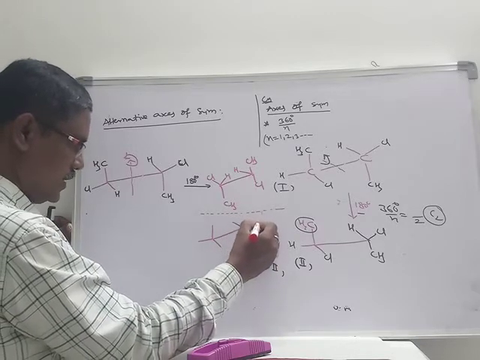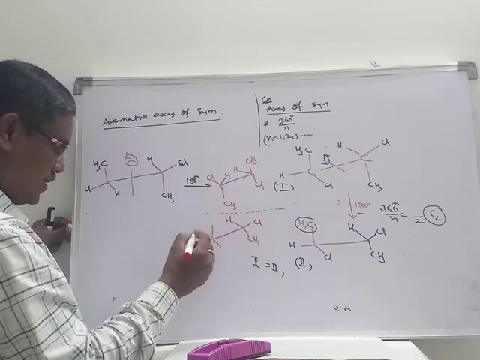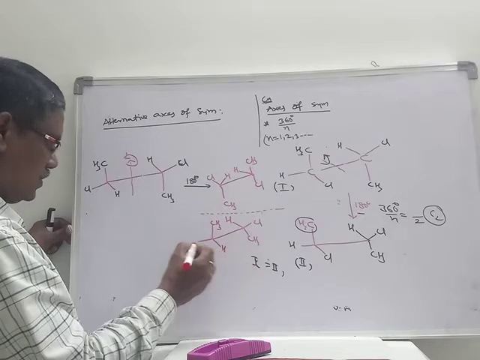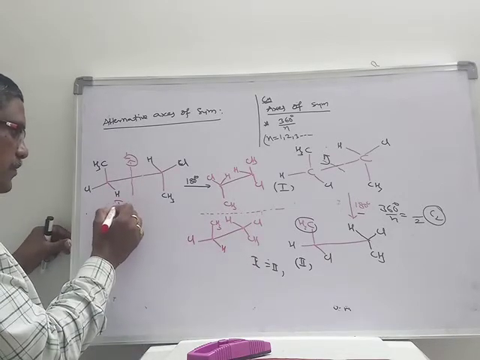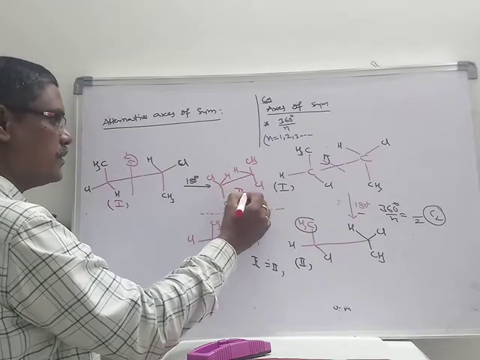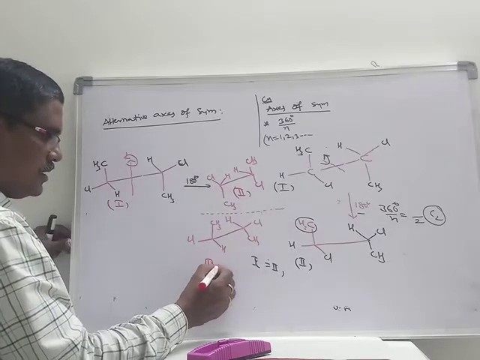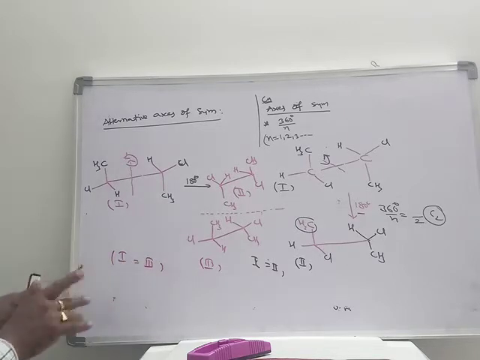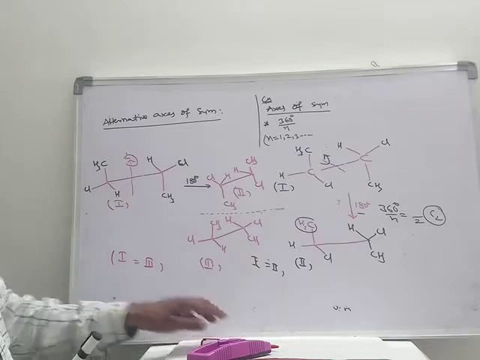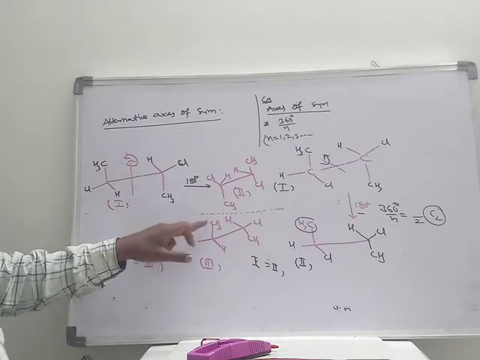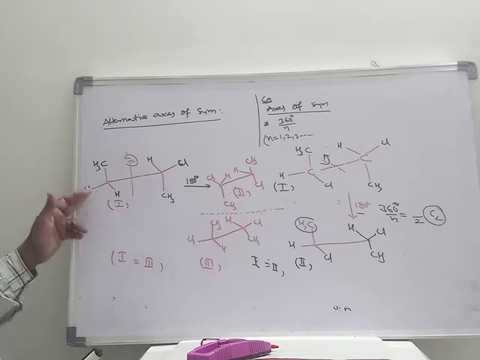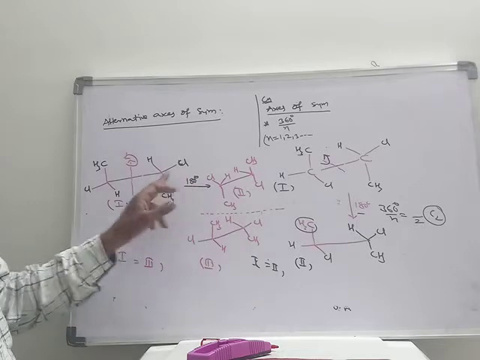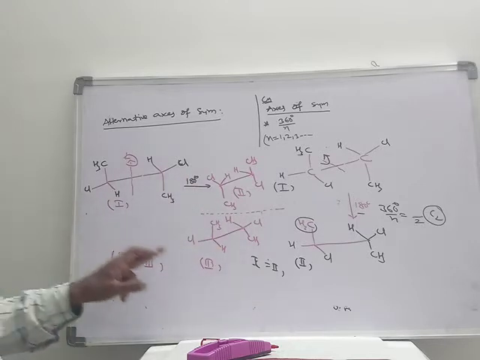Okay, this is the Cl, this is the H, and here CH3, this is the H, this is the Cl. So this is the first structure, this is the second structure after the rotation, this is the third structure. Here first is equal to third. You see, the first structure is equal to the third structure. In the first structure, CH3 is upside, hydrogen is front side, Cl is back side, and hydrogen is back side, Cl is front side, CH3 is downside. 1 is equal to 3.